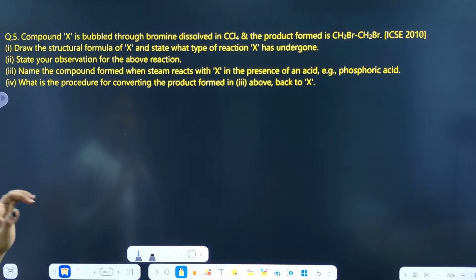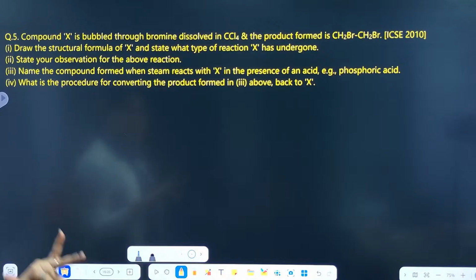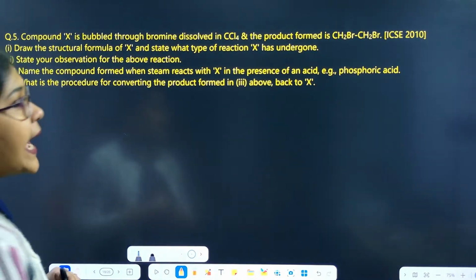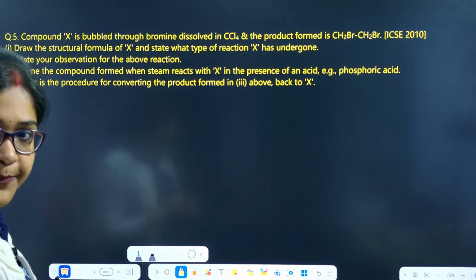Draw the structural formula of X and state what type of reaction it has undergone. That means this is what is happening here. It is undergoing addition type of reaction.